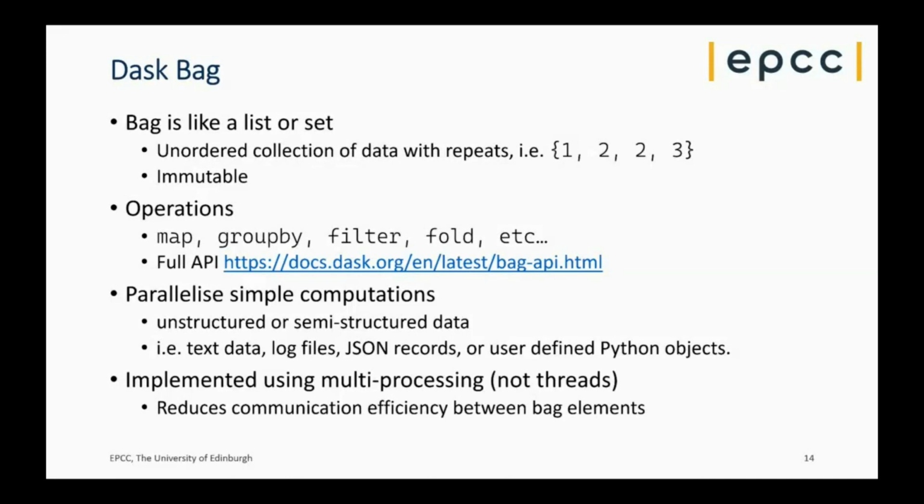And then there are map, group by, filter and fold and other functions you can run on this unstructured data. So it's pretty good for parallelizing simple computations on unstructured or semi-structured data: text files, data files, user-defined Python objects, JSON records, those kinds of things.